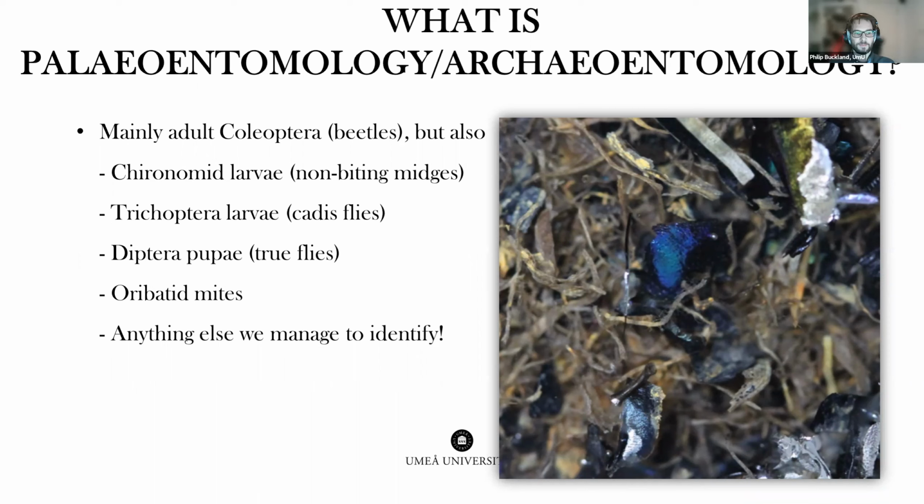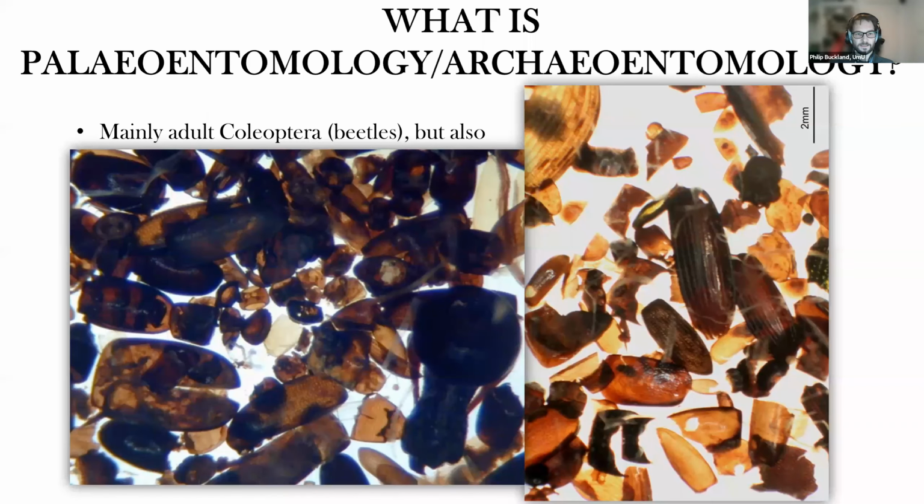A reasonable amount of work looks at Diptera, but it's mainly only the pupae that survive. And oribatid mites are getting a bit of a resurgence now. But if we find something interesting, we will try really hard to identify it. And after picking everything out, it looks like that.